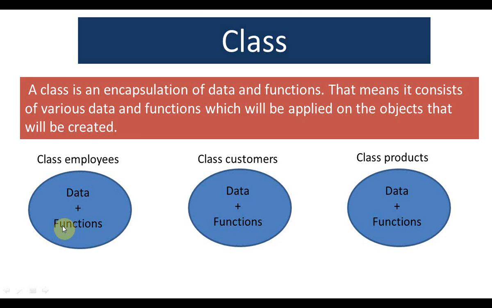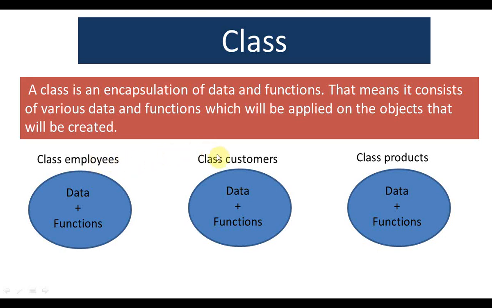If an employee leaves the company, there will be a function to delete the record of that employee. There will be a function to calculate the net salary, the income tax of that employee, etc. All these will be called functions, and data plus functions, this whole thing will constitute this class called employees.